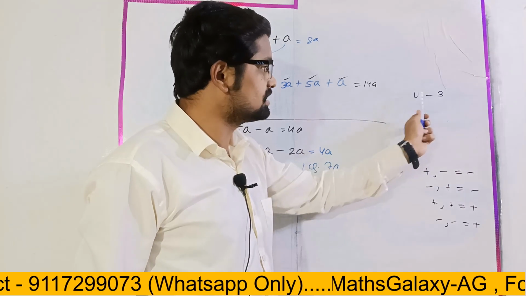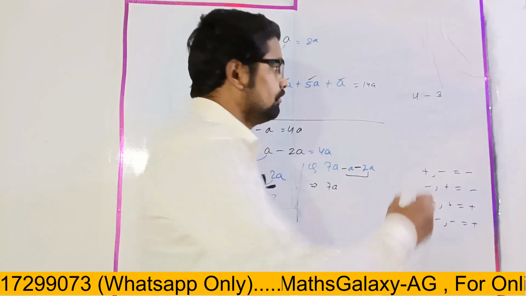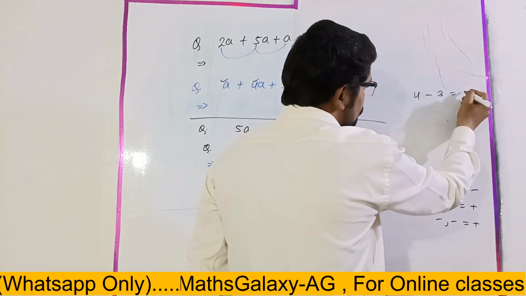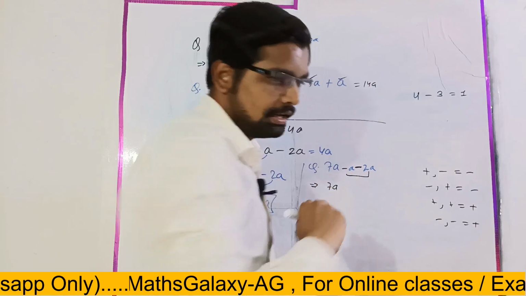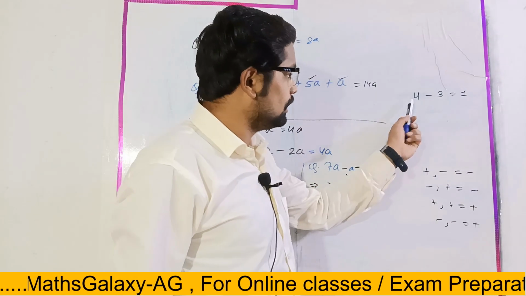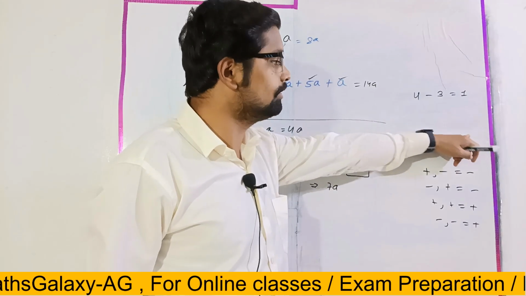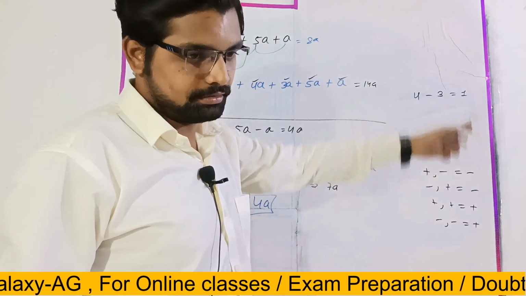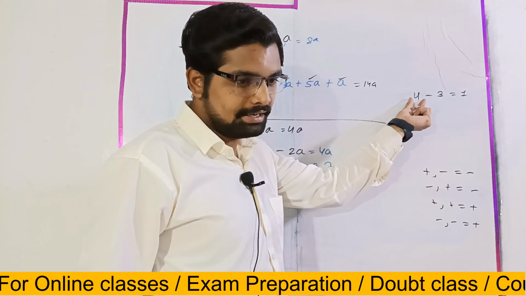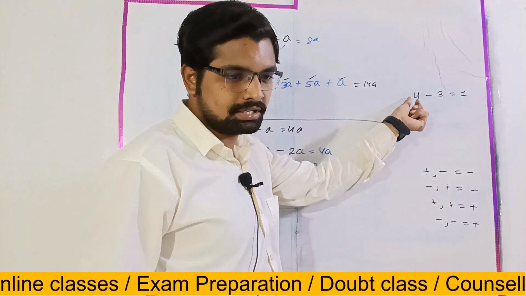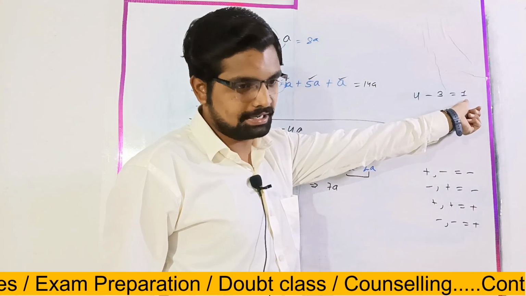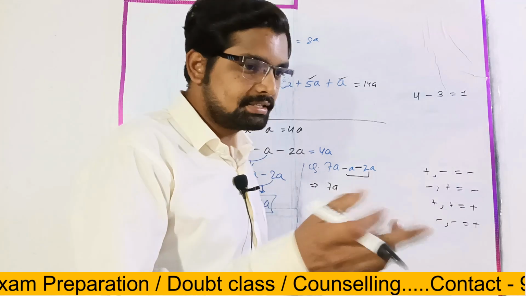So here plus minus, we do subtraction. 4 minus 3 will be 1, and the sign we give is for the one which is greater. As you can see, 4 is greater, and the sign with 4 is plus, so in the answer the sign will be plus. Okay, let's see one more.